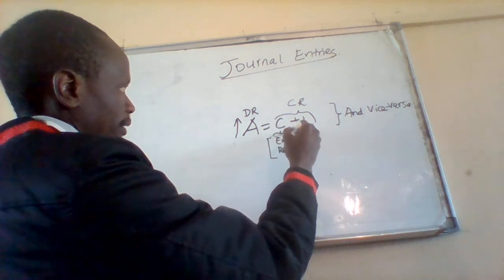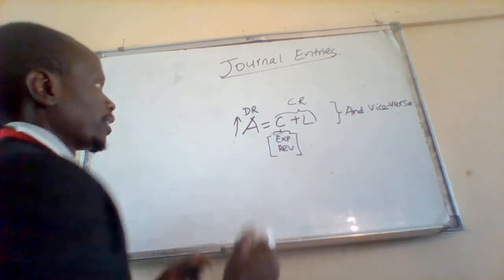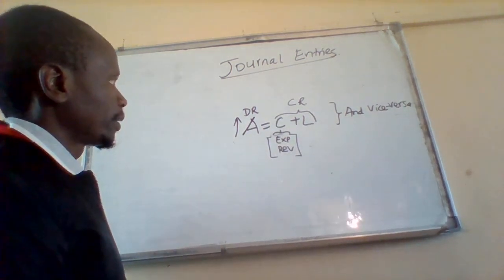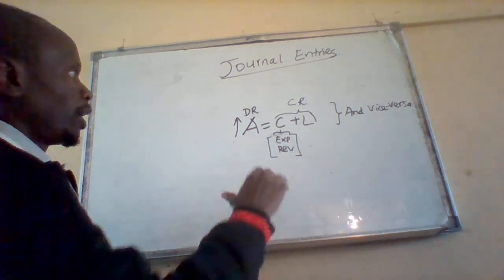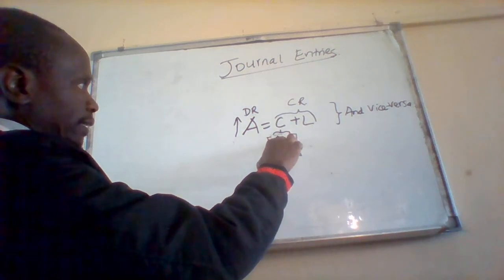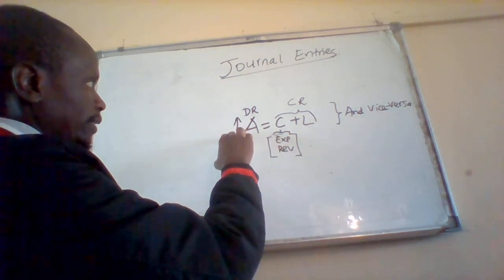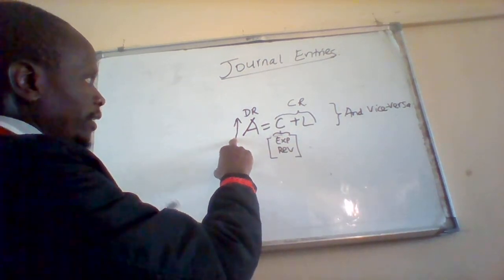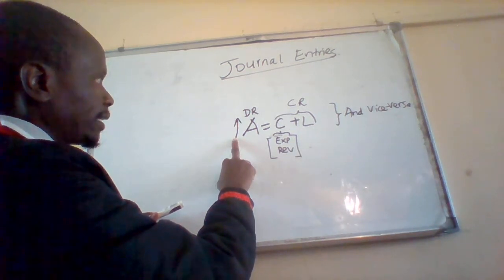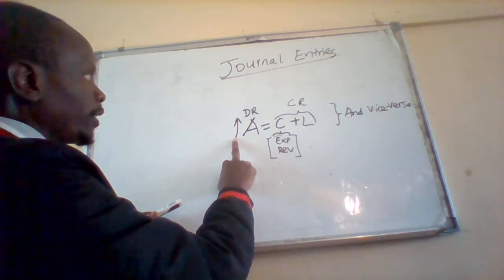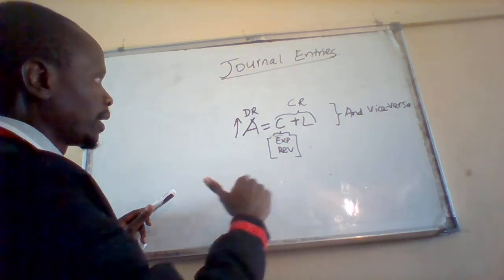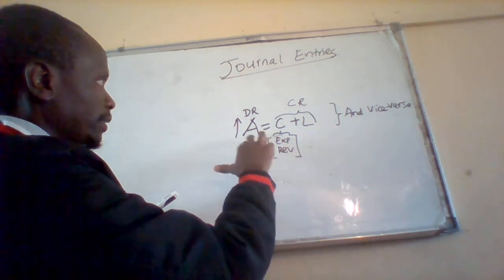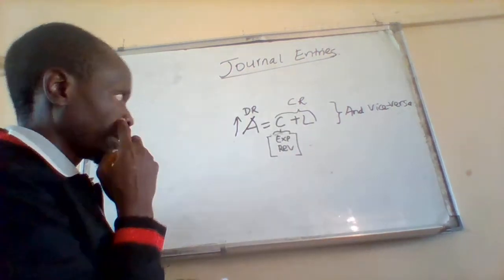These are the things that mostly affect capital or owner's equity. Now, when an expense increases, we debit. I'm going to tell you the reason. And when a revenue increases, we credit.